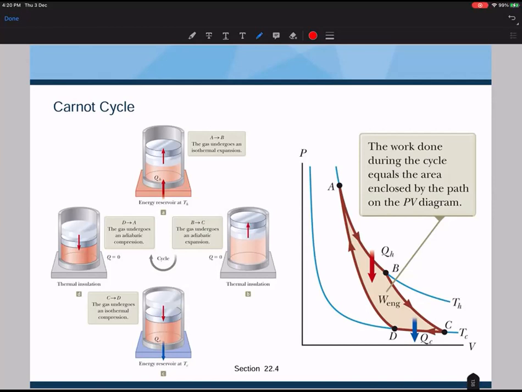So you have the process that starts from A to B.